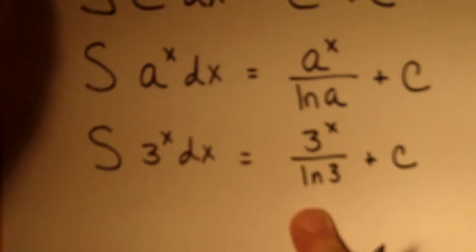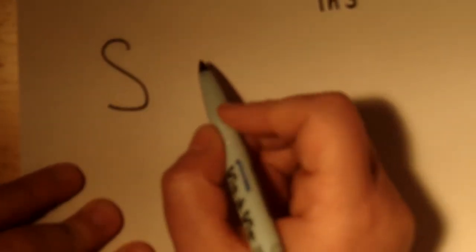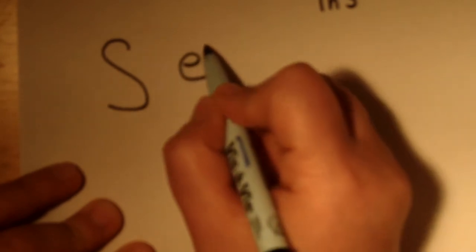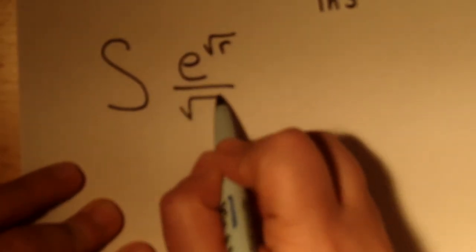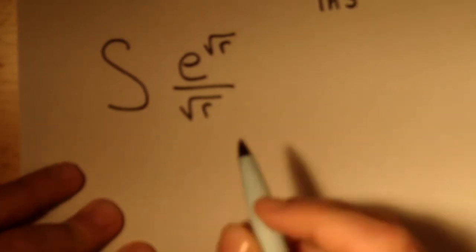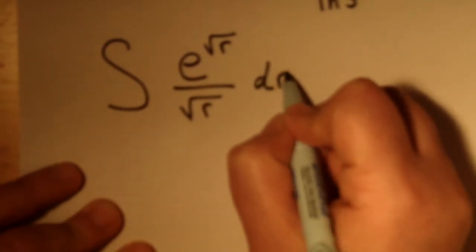So let's do one example with u substitution. To be able to use u substitution, you have to see the derivative of u as part of your integrand.